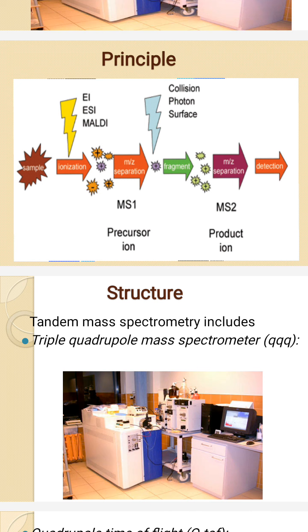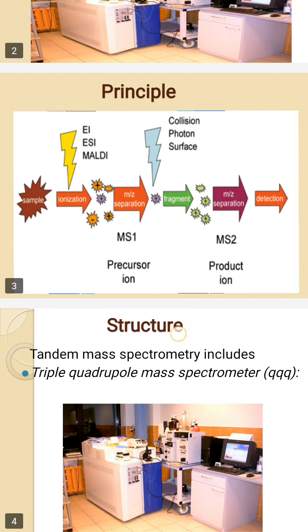Principle of tandem mass spectrometry. The molecules of a given sample are ionized, and the first spectrometer, MS1, separates these ions by their mass to charge ratio, m/z. Ions of a particular m/z ratio coming from MS1 are selected and then made to split into smaller fragment ions by collision induced dissociation.